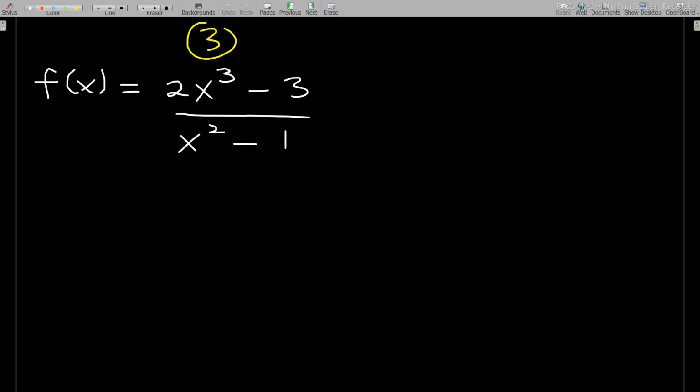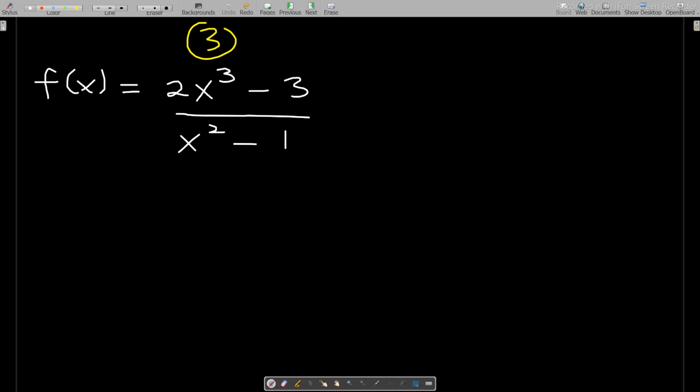We said that the slant or oblique asymptote happens when the degree of the numerator is greater than the degree of the denominator by 1 unit. You could see that 3 is greater than 2 and the difference is just 1. 3 is the degree for the numerator, and 2 is the degree of the denominator.